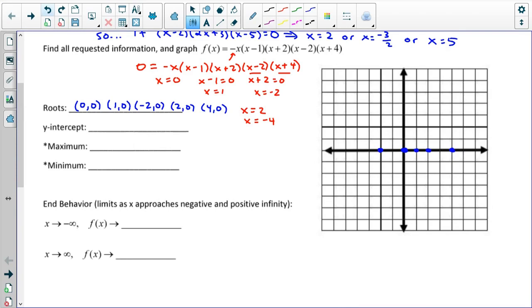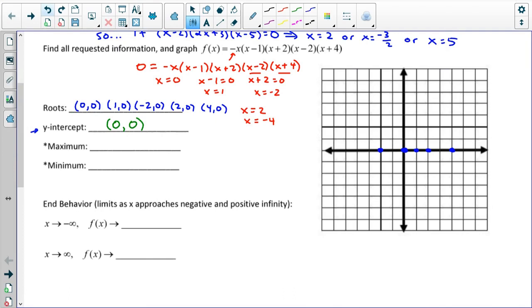I can also figure out my y-intercept pretty quickly because I can find where x equals 0. If I substitute 0 into my function, I will end up getting 0. In this case, that's pretty simple because I already knew that was a point on my function.